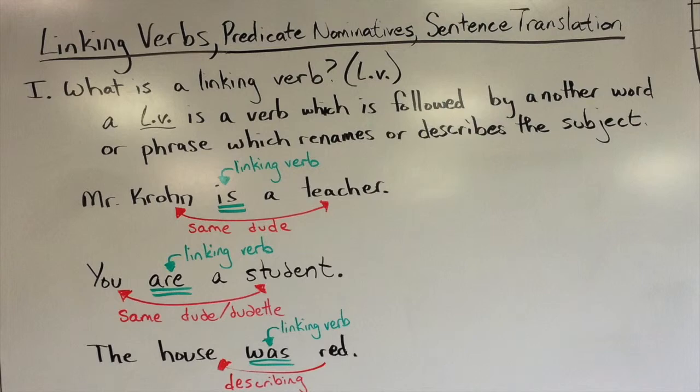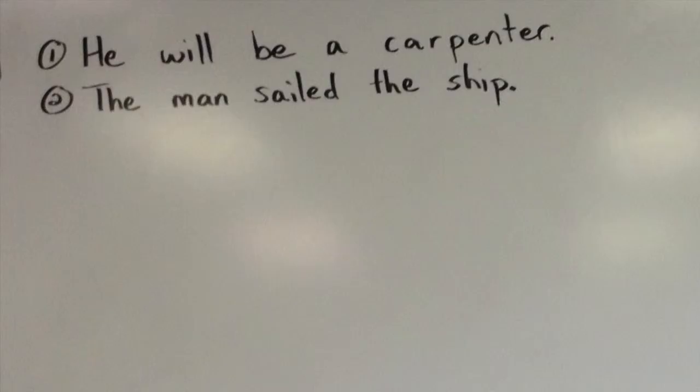I'm going to now give you pairs of sentences which you should write down in your notes, and you should try on your own to identify which sentence in the pair contains the linking verb. Write down the sentences in your notes. He will be a carpenter, and the man sailed the ship. Once you've written these down, pause and see if you can figure out which one of these two sentences has a linking verb in it.